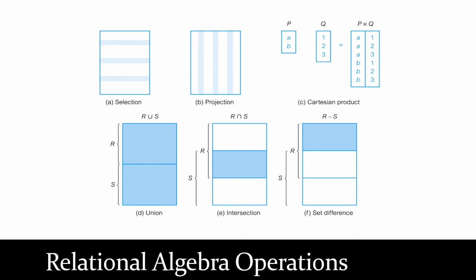In union, we combine the 2 relations. In intersection, we take only the middle part of both of the relations, which means the intersection part. In the set difference, we only use the first part of these combined relations. For example, R minus S, so we take only the outer part of the combination of the relations.